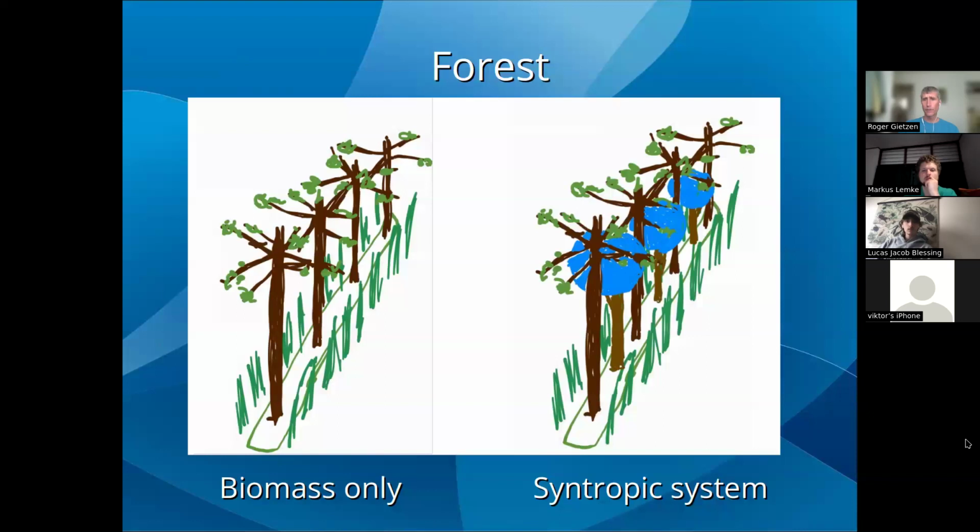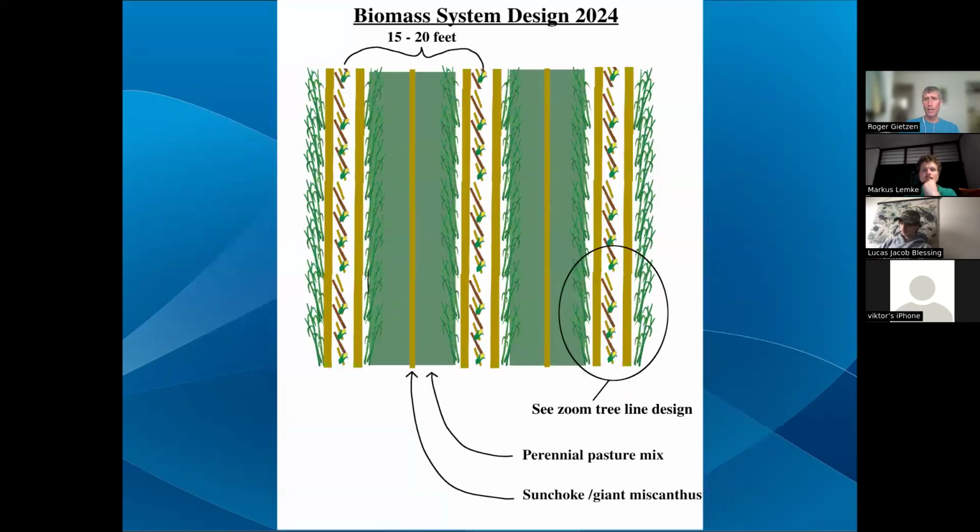Okay, and now I'm going to move to the temperate climate. So we'll do the temperate climate again. We're focusing today primarily on the fruit tree design, but I use a similar pattern, and you'll recognize it. We have a tree line, we have a shoulder, and then we have an interrow.